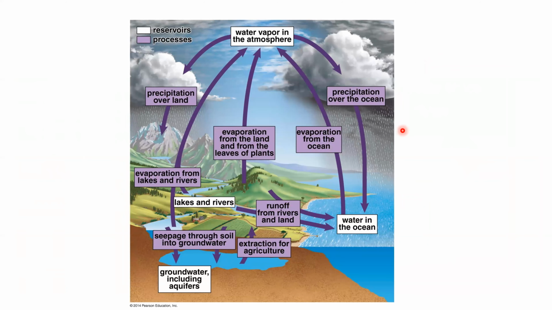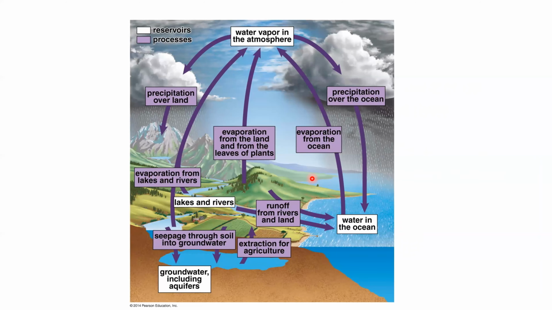So here's the diagram, and it's a pretty good diagram because it shows you the major processes and reservoirs for water. Whatever we have here in white shows us reservoirs. Here we have water in the atmosphere, water in the ocean, underground water, including aquifers, and lakes and rivers.